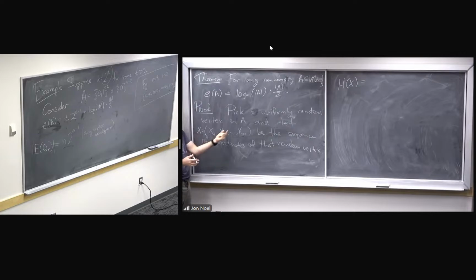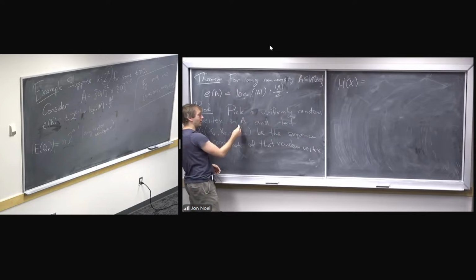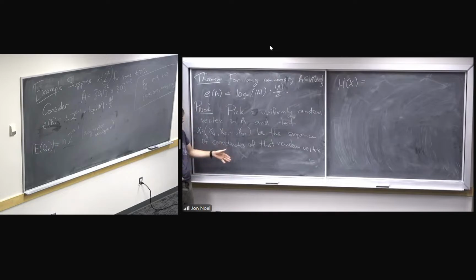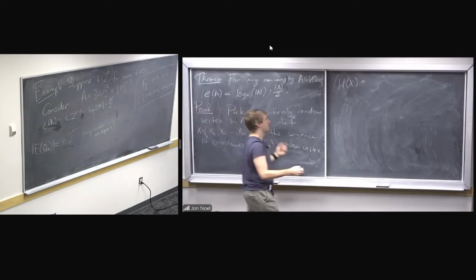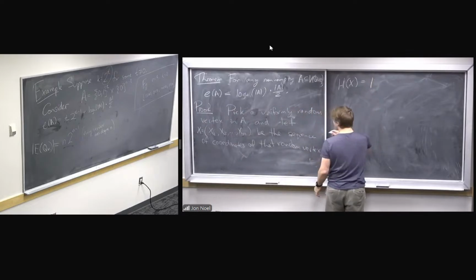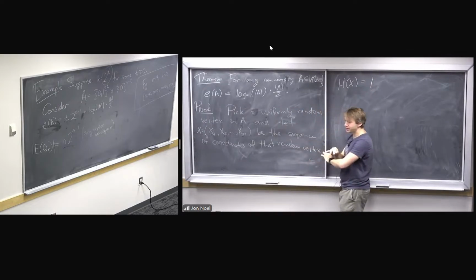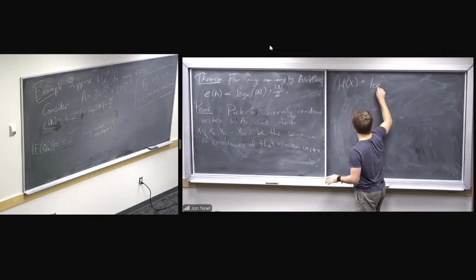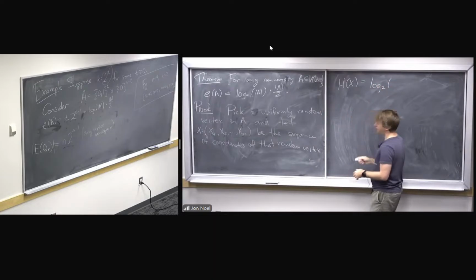The range of X has size A. The possible outcomes for X could be any vertex in A, and I've chosen it uniformly from a set of size cardinality of A. If you choose a uniform random variable, the entropy is always equal to the log base 2 of the number of possible outcomes.